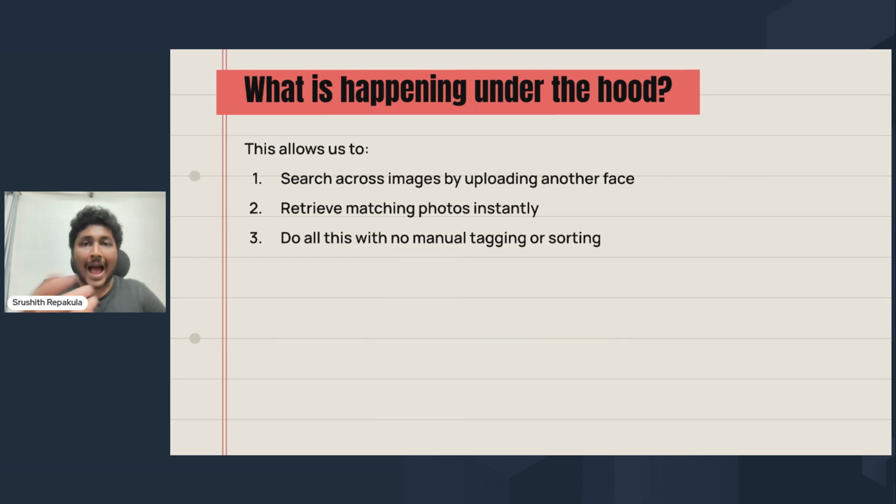If you remember, I had uploaded my image and it was able to pick up all the images where I was a part of. This is what is happening under the hood. The indexing part helps us search for images in the collection, retrieve matching photos instantly, as we saw, and do all of this with no manual tagging or sorting. As I told you, from the organizer side, all they are doing is uploading images, nothing apart from that. And this identification of the faces, everything is happening automatically behind the scenes.